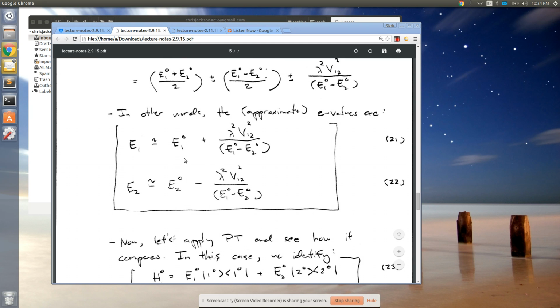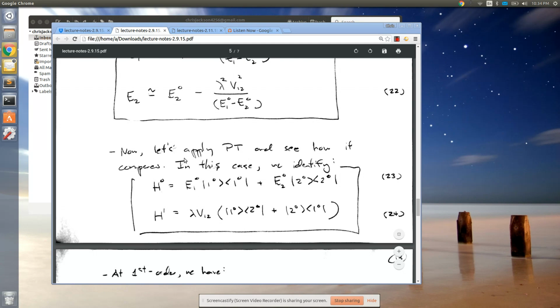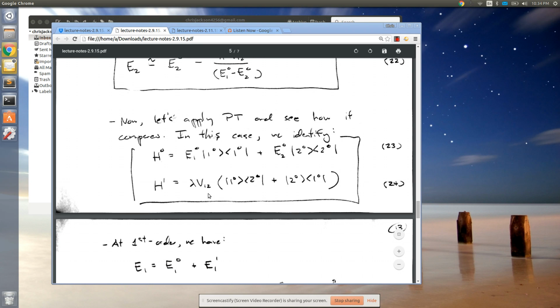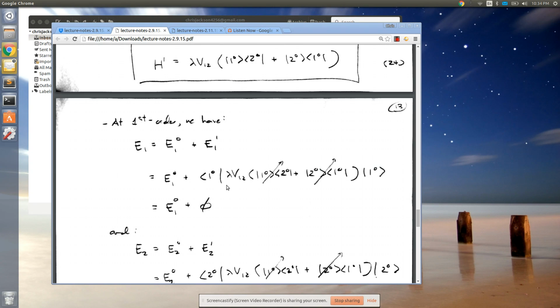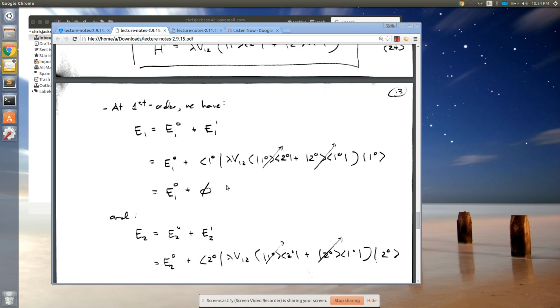And then we went on and applied our perturbation theory directly to this problem by splitting the Hamiltonian into a simple piece, which is just the two diagonal terms, and then the small piece, which is the non-diagonal terms. Then we were able to just straightforwardly apply our expressions from our perturbative theory.